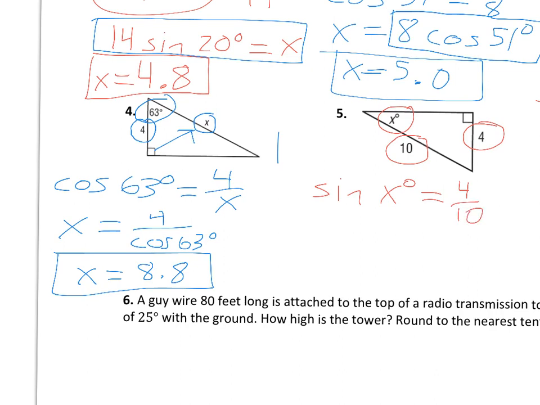Okay, this is the first one where the variable is the angle. So a lot of people say divide by sine, which doesn't really make sense. To get rid of a sine, what you do is you take the inverse sine, also known as arc sine, which shares a button with sine.